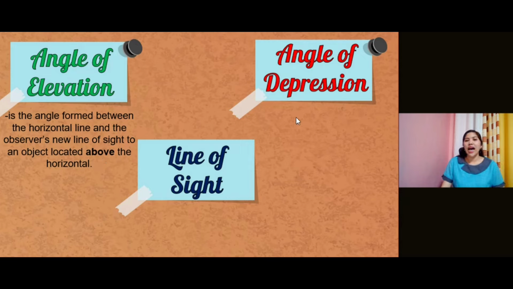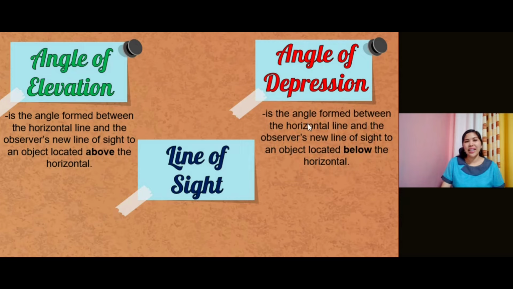When we say angle of depression, it is the angle that is formed between the horizontal line and your new line of sight to an object, take note, located below the horizontal. So you have here the two key terms: elevation that is above, depression that is below.